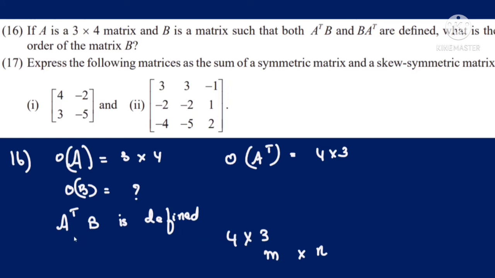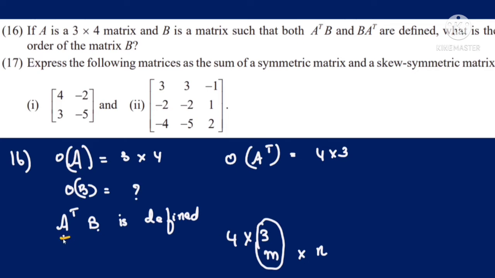But because they have said A transpose into B is defined, that means the matrix multiplication is defined. When will you say matrix multiplication is defined? When the number of columns of the first matrix is equal to number of rows of the second matrix.